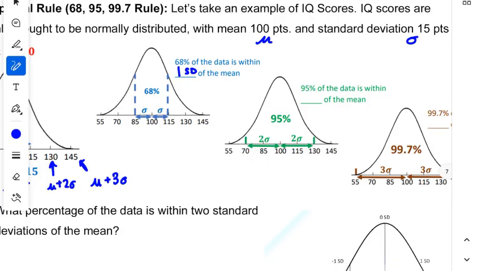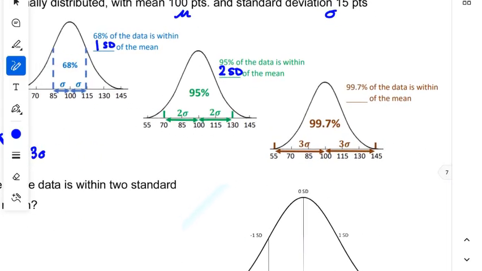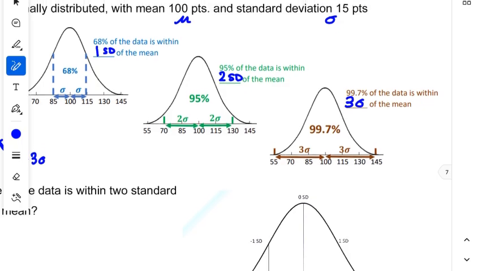And then if we were to go 2 standard deviations, so that brings us to an IQ score of 70 and 130, then we would find 95% of the data. So this is 2 standard deviations. And then 99.7% of the data is within 3 standard deviations.